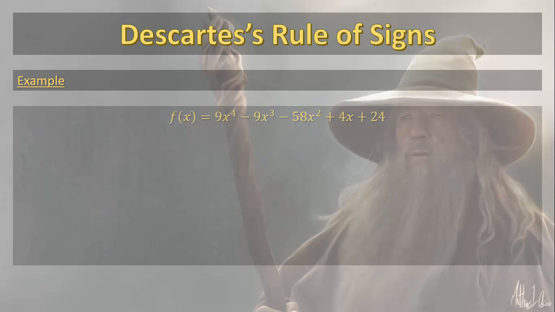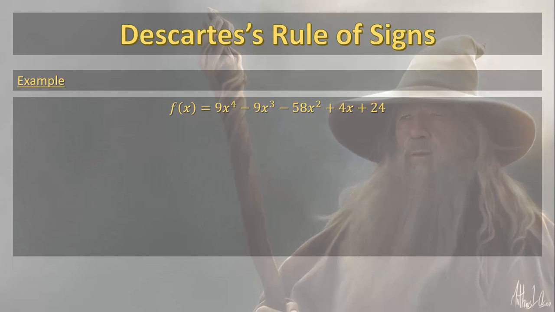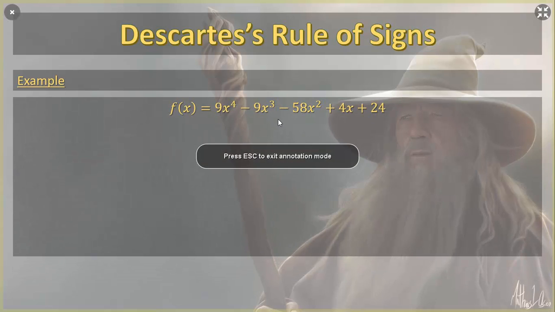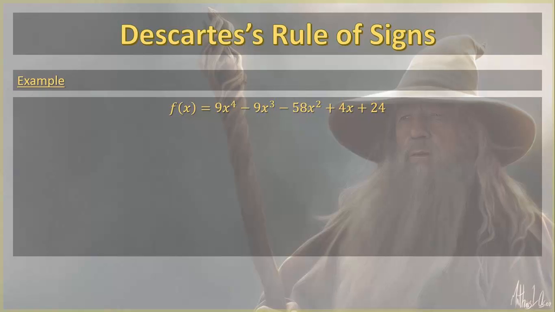All right, last example. Number of sign changes, I have 1, 2. I have 2 sign changes. Less by an even integer would be 0. I have 2 or 0 positive real solutions. F of negative x, and you don't have to write it out.